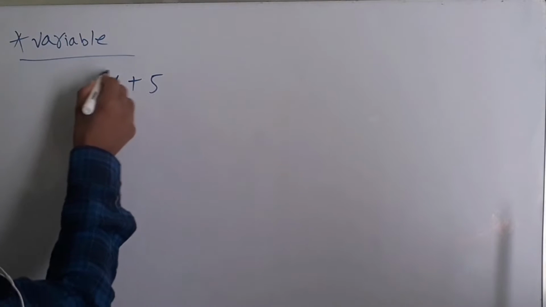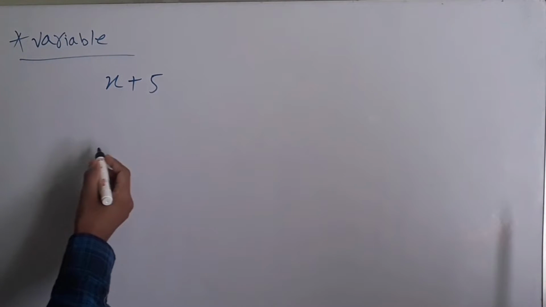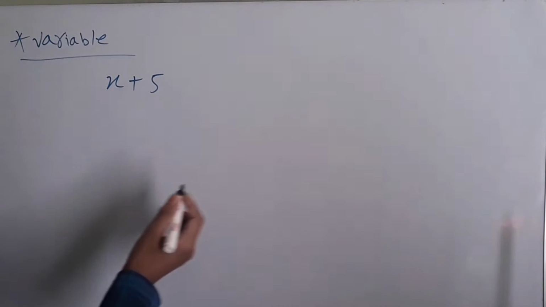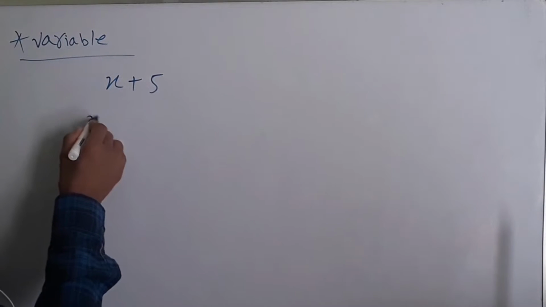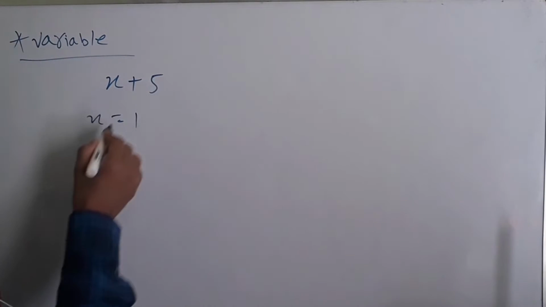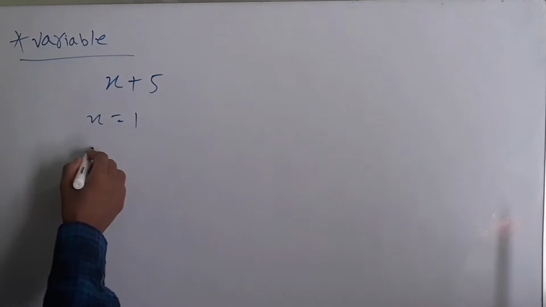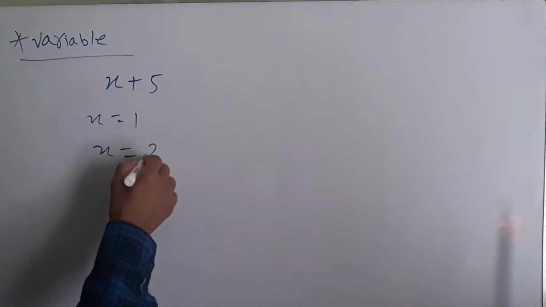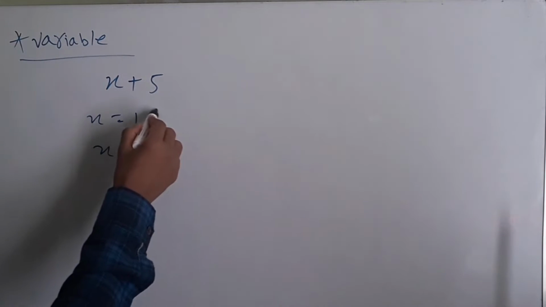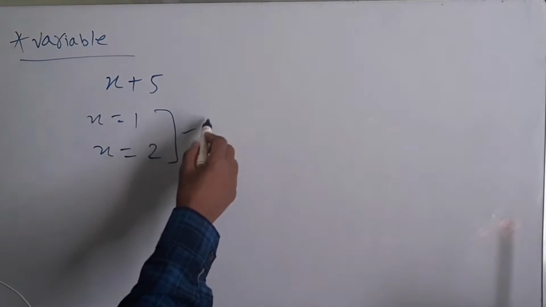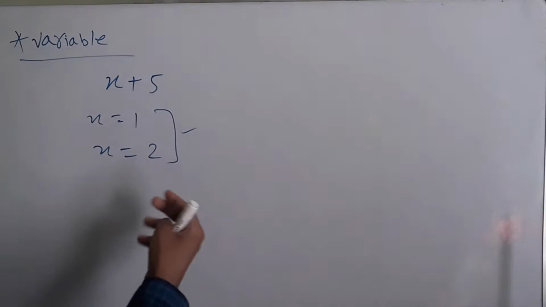You can put in whatever value for x you want, or whatever is given in the context. If x is equal to 1, then the value of the whole will be 6. If x is 2, then the value will be 7. So the variable can vary depending on the context.